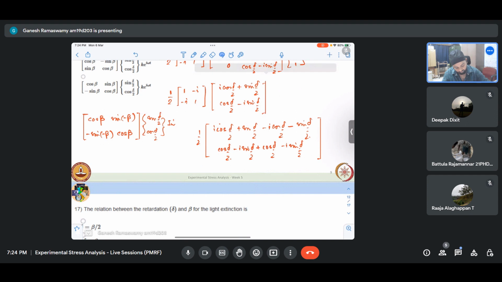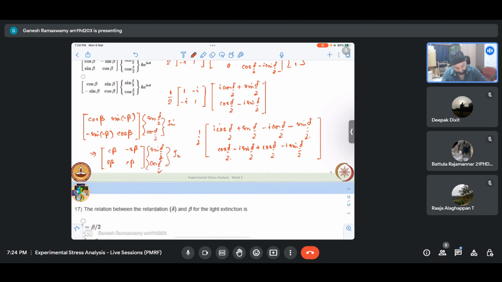Okay, so this will be nothing but cos beta, minus sine beta, cos beta, and this is sine delta by 2, cos delta by 2, and input light.